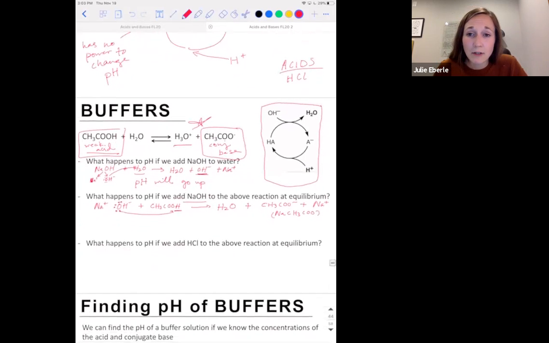So because of that, what's going to happen to pH? Well, essentially what we're going to say is that acetic acid will neutralize the NaOH, and pH will not go up. That's what would happen.